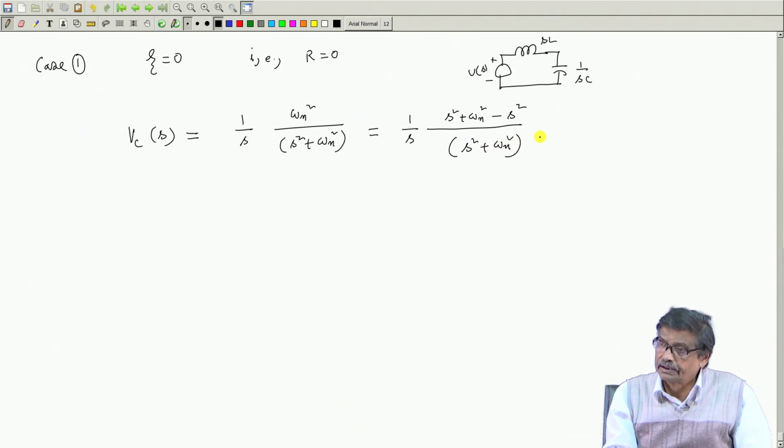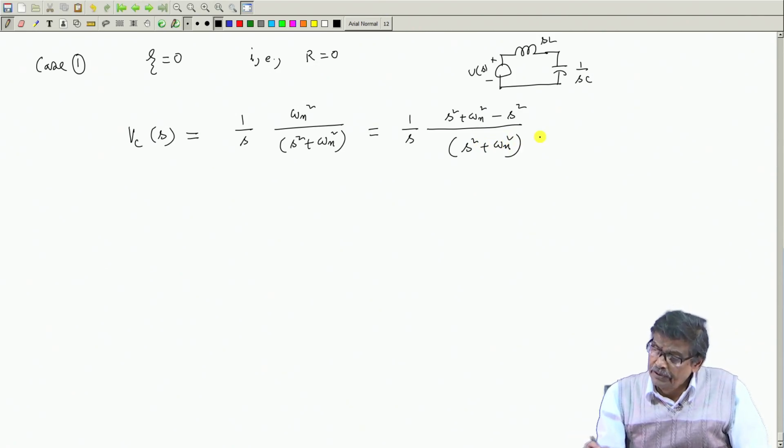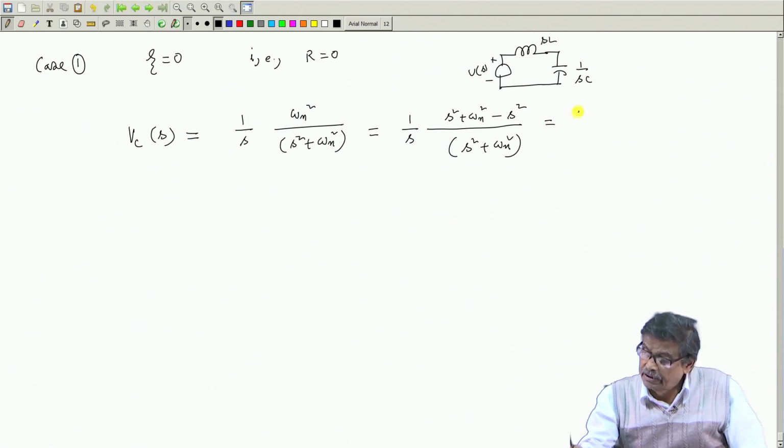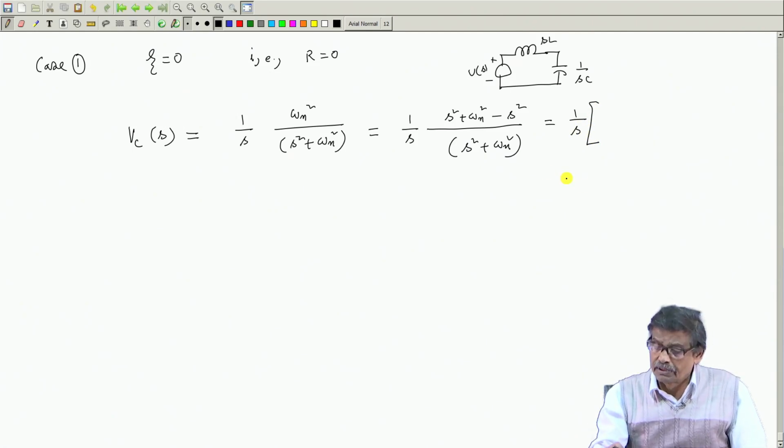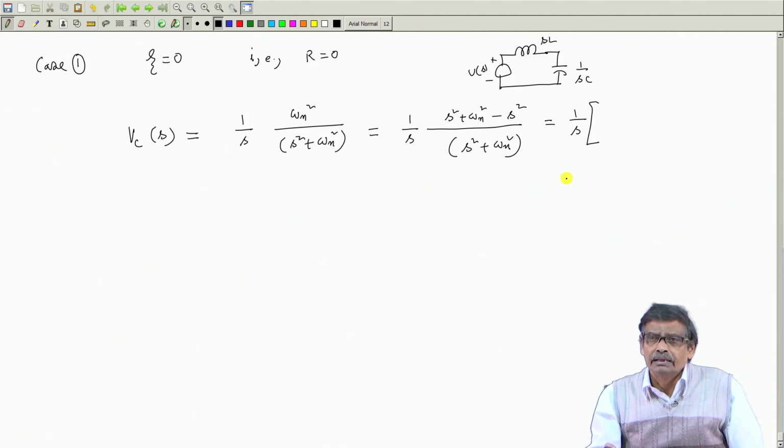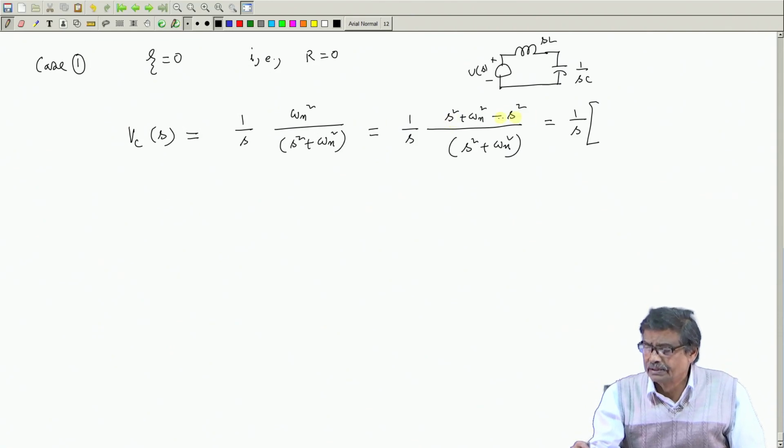This way I will write. I am essentially doing partial fractions. One can write A by S plus AS plus B by S square plus omega n square. But here it is not necessary, because it is so simple, you can calculate mentally.